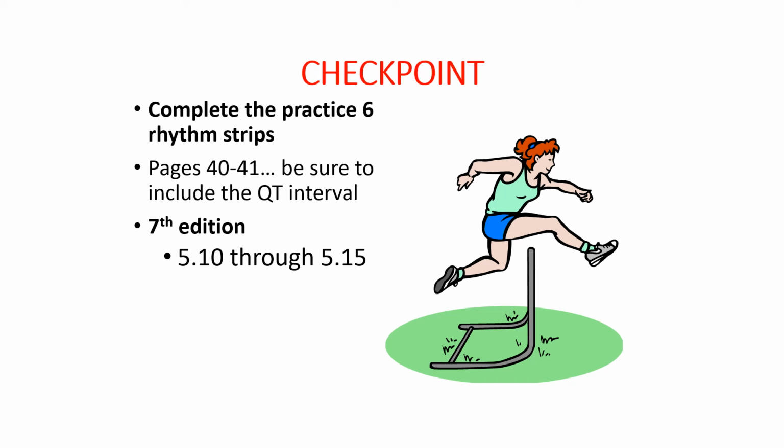So make sure that you do all of those. Pause the video, and then resume after you've finished. If you want to, do a couple, resume the video and check your work, then pause again and finish the rest of them, and then come back and review what we've done. So right now I'm going to have you pause your video and start working on 5.10 to 5.15.